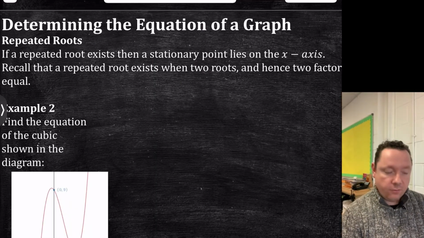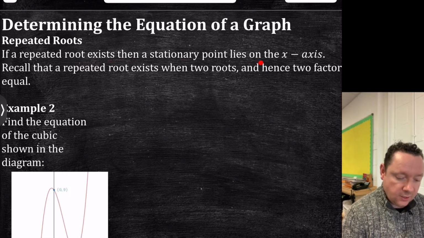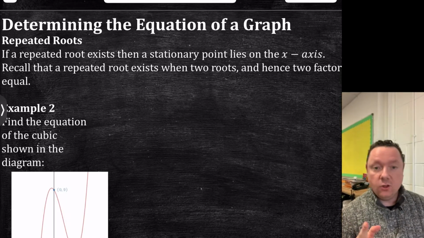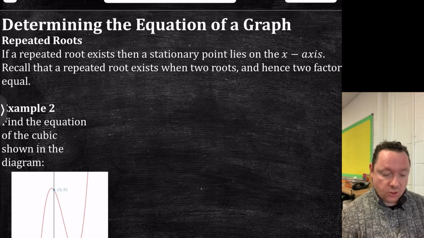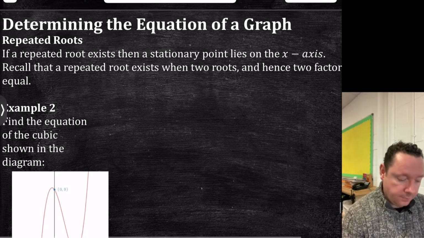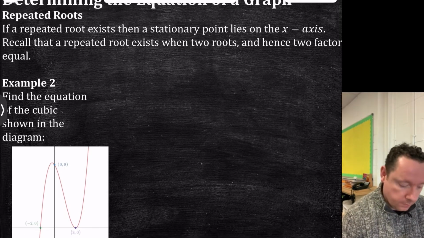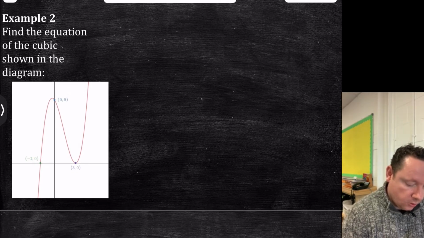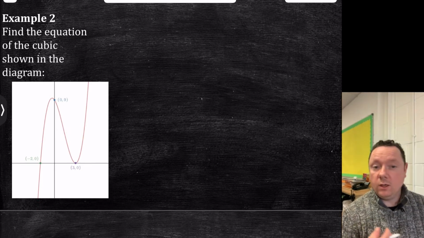In the equation we're graphing, we've got repeated roots. If a repeated root exists, then the stationary point is also on the x-axis. And what that means, we should know this already, is a repeated root means it's essentially two roots which are the same. Okay? So the two factors are equal. So here's an example. Find the equation of the cubic shown in the diagram. There's our roots there, and there's another root there, and then it gives us a random point, remember, so we can work out k.